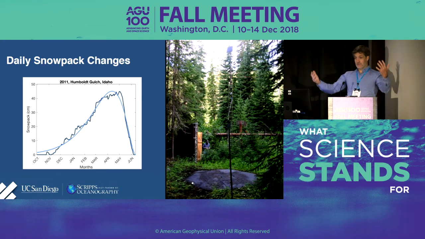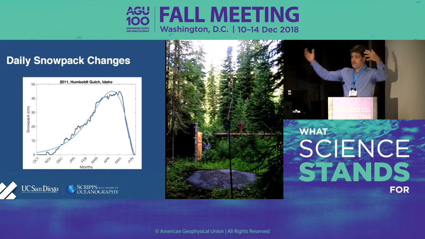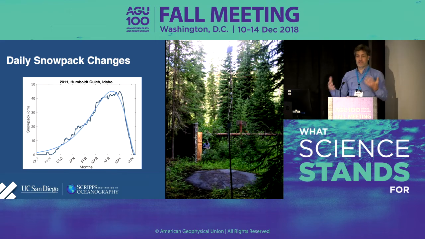That pillow measures every hour, continuously, the weight of the snow that's on top of it. So it's actually an incredibly accurate measure of snowpack. That's what this plot here on the left is. This is the time series, the dark blue line, of snowpack from October through June. This is the way that we think of the calendar year, starting on October 1st.